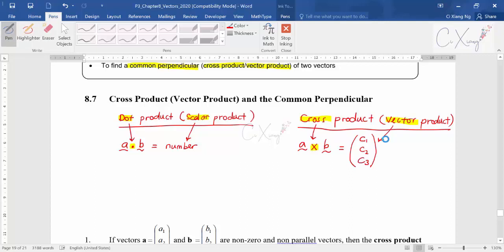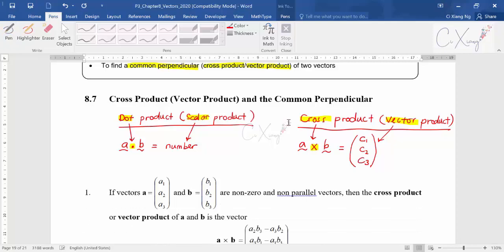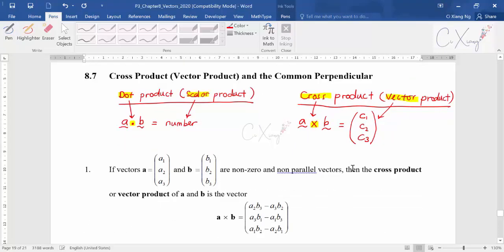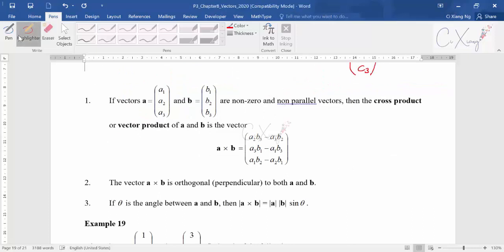So this is the comparison between the dot product and cross product. The process of carrying out the cross product is quite different from the dot product, so I'm going to show you in detail how to go through it.